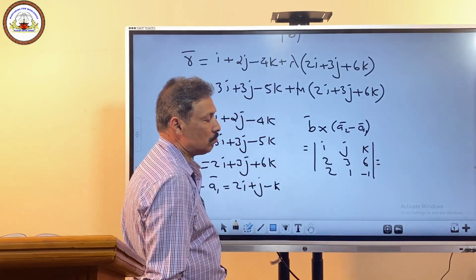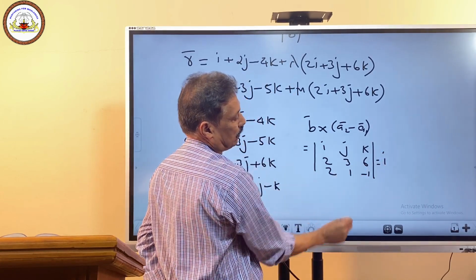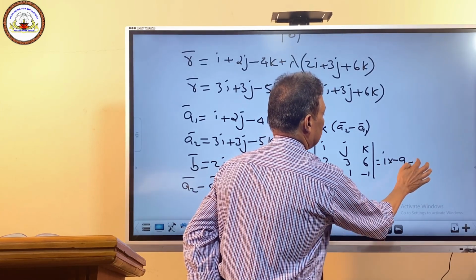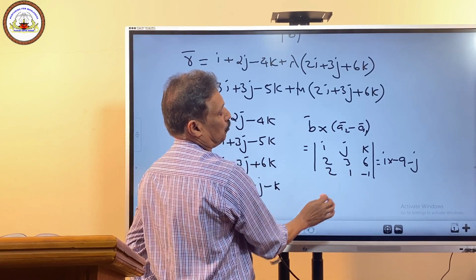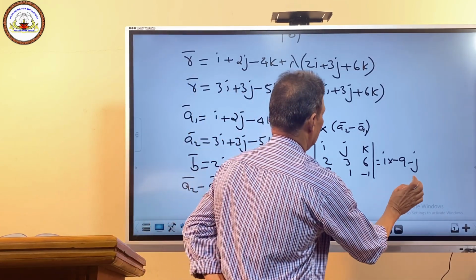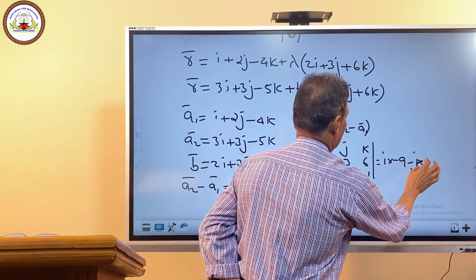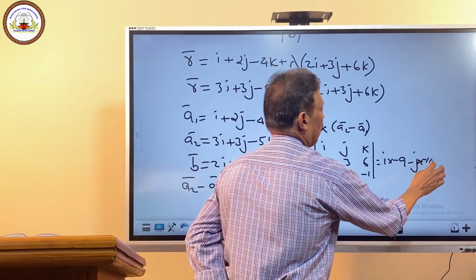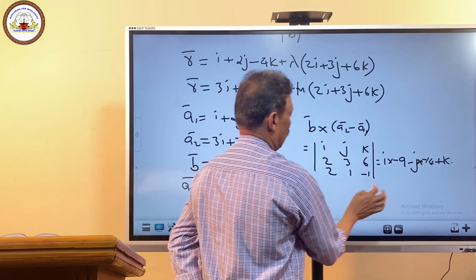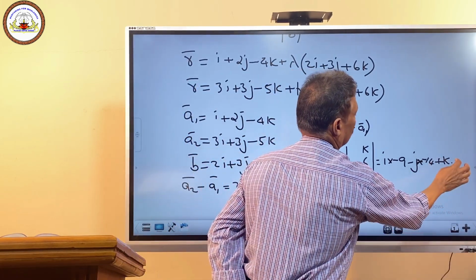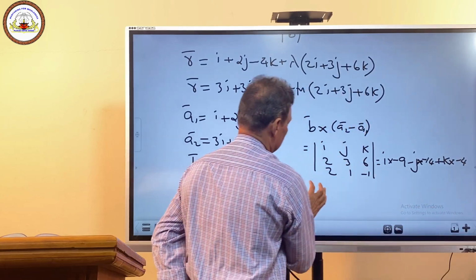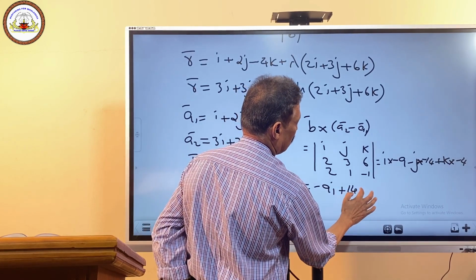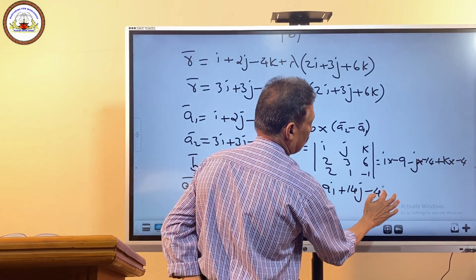We expand: i into minus 3 minus 6, that is minus 9. Again minus j into minus 2 minus 12, that is minus 14, plus k into 2 minus 6, that is minus 4. That simplifies as minus 9i plus 14j minus 4k.